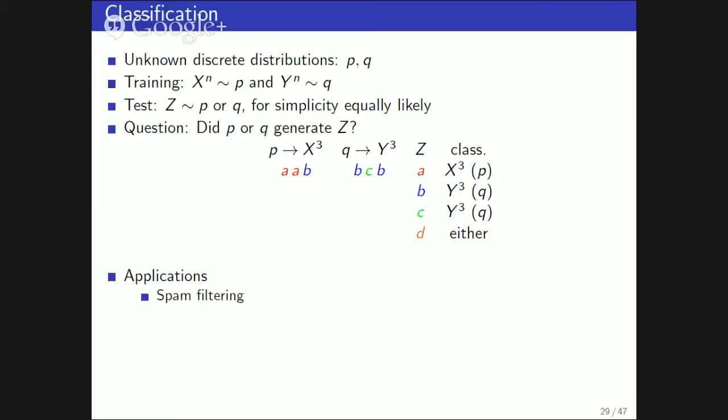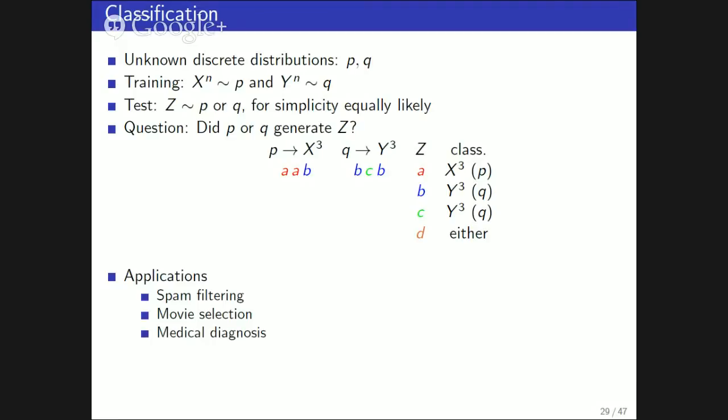So what are applications? Like we said, spam filtering, or movie selection, like maybe Netflix. They know which movies you liked, they know which movies you did not like, so they have a collection, and now they have a new movie, they want to see if it is close to you or not. They say, is it more like the movies that you liked, or more like the movies that you didn't like?